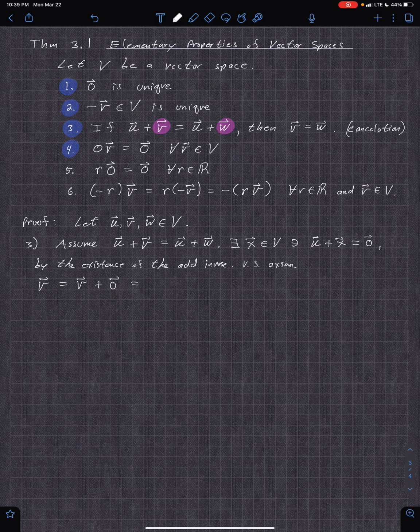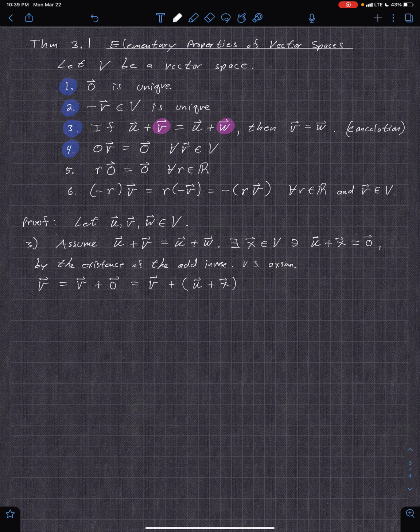That's one of the definitions. But what we have is that zero is equal to this sum. So V is equal to V plus, and then we can write that sum, U plus X. Right? Because we know X exists such that that's true.